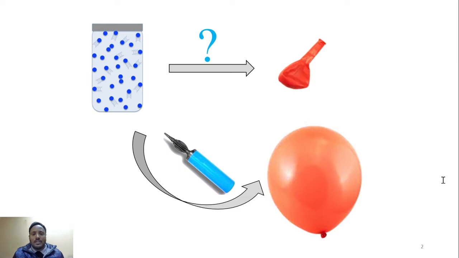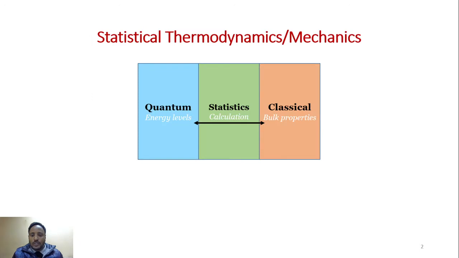What we need here is an inflator, a pump, to fill the gas in the balloon, until the balloon is blown to its full size. Thus the inflator acts as a link between the gas and the balloon. Statistical thermodynamics, like the inflator, acts as a link between classical thermodynamics and quantum mechanics.